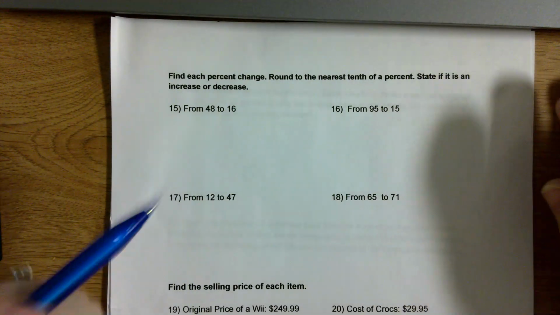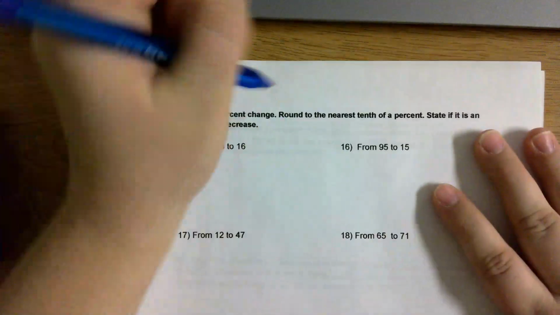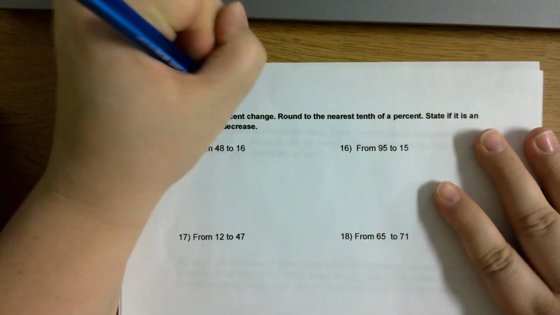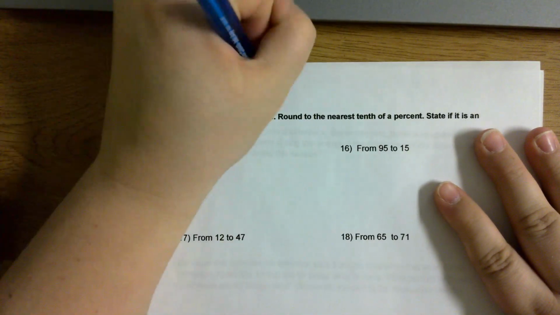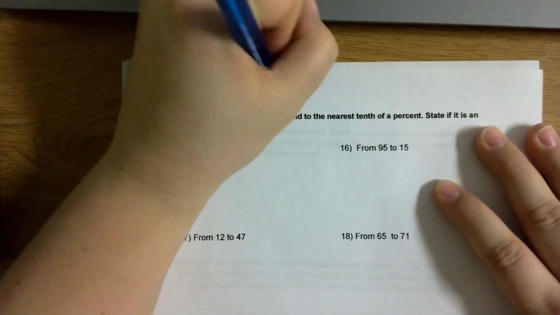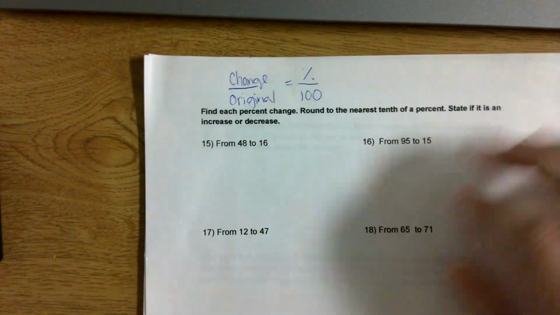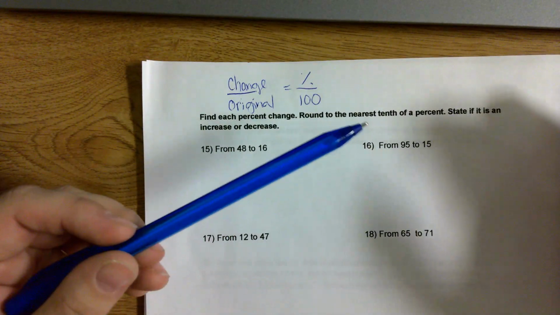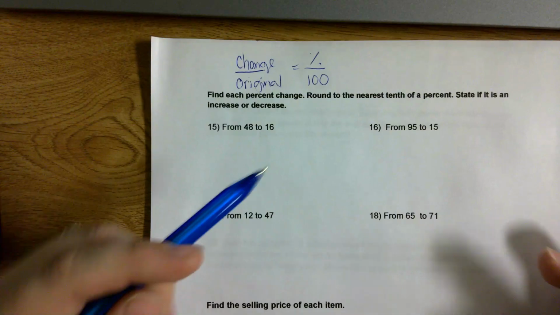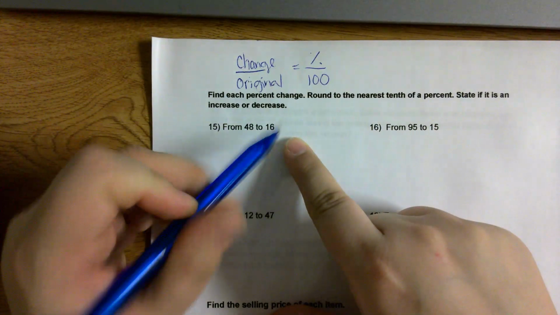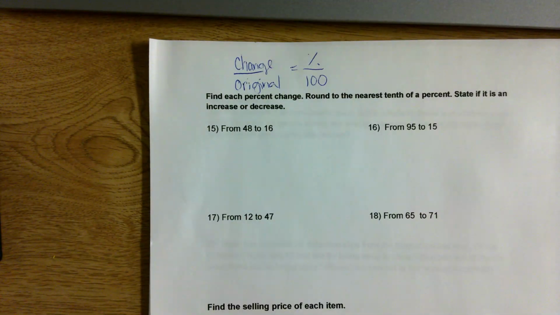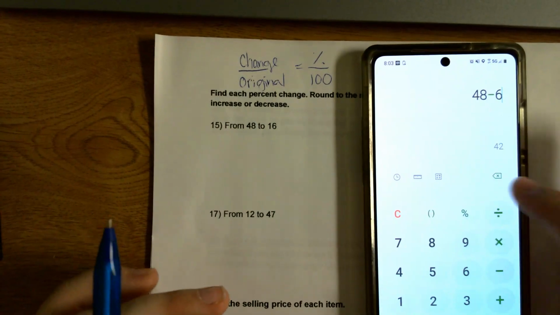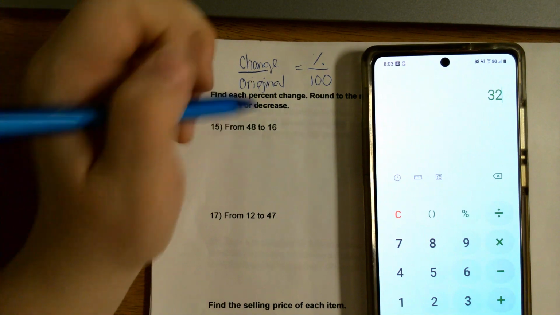All right, so now we're talking about percent change. Percent change was our change over the original equal to the percent over 100. Now, we need to also make sure we say, okay, is it an increase or a decrease? So, from 48 to 16, that means I'm going to find my change by subtracting 16 from 48. Oop, not 6. So my change is 32.